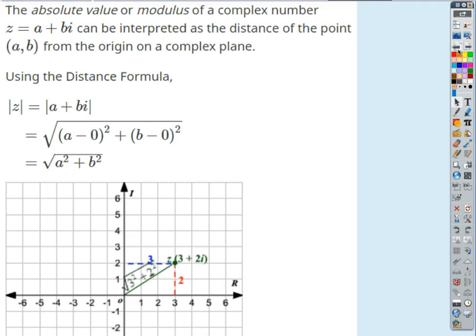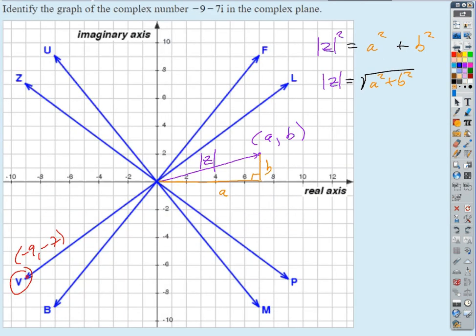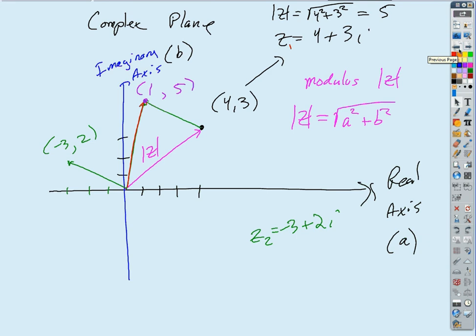So on Friday we talked about how to represent complex numbers in the complex plane, right? All we have to do if we want to represent a number in the complex plane, remember, is, like if we want to take the vector 4 plus 3i, then the real part is 4 and the imaginary part is 3.